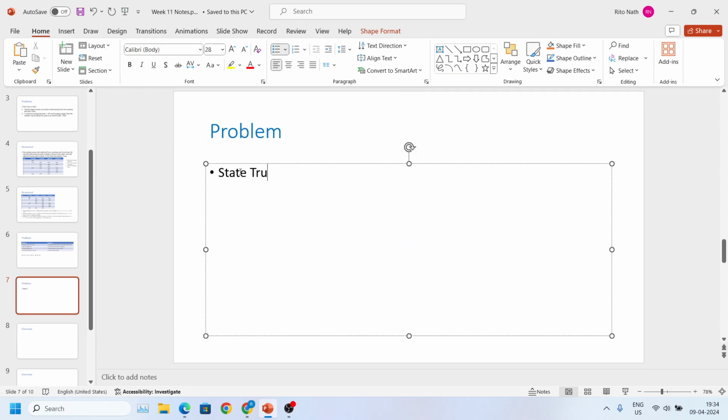State true or false. The first one is: road environment related factors are least responsible for road crashes.